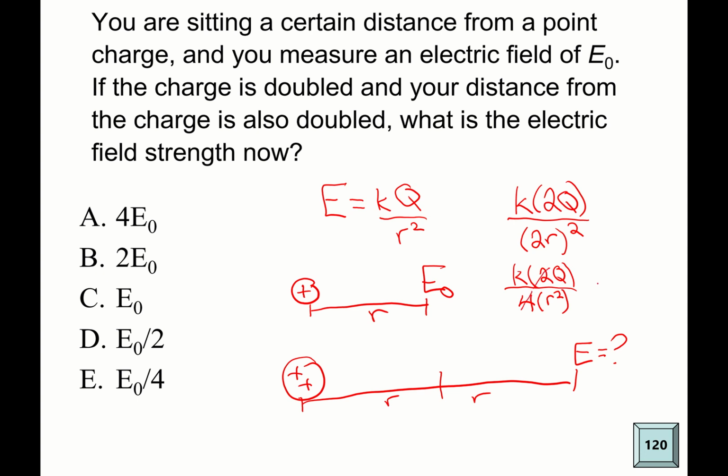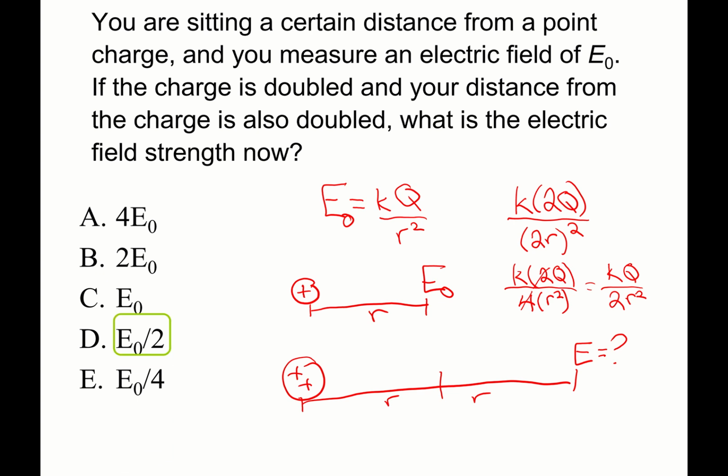So what I'm going to get is kq over 2r squared, and my E0 was kq over r squared. Now I've got kq over 2r squared, so my new electric field is half of the old electric field. So the answer is D.